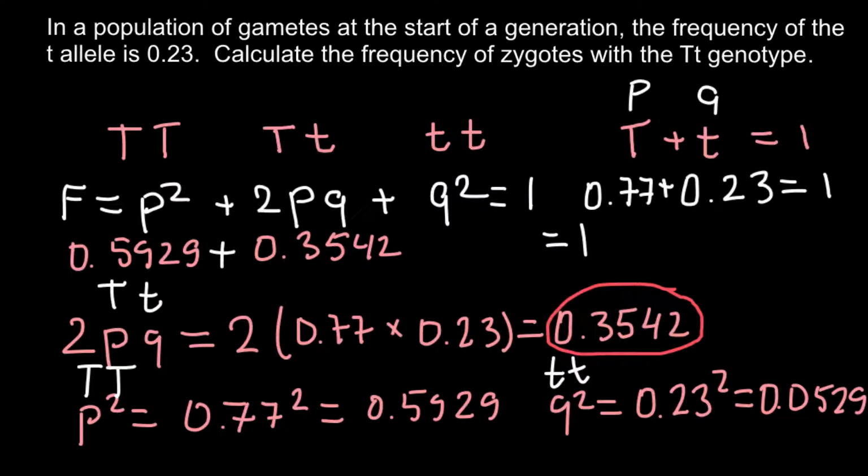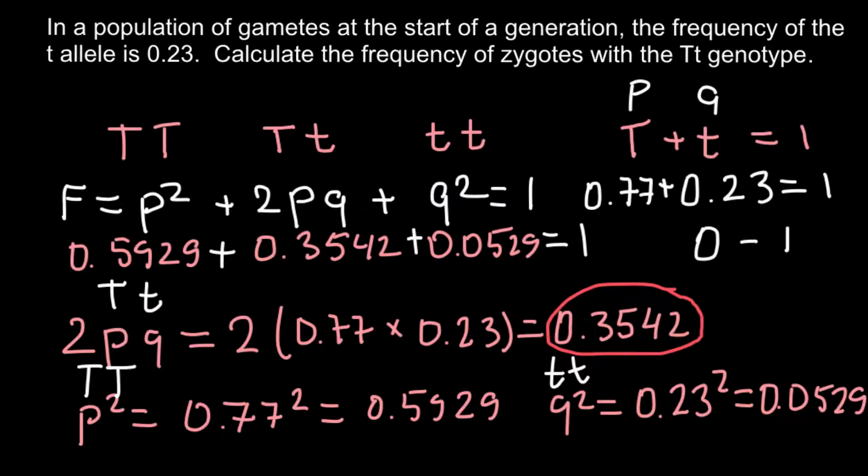So once again, we can put this frequency here, 0.0529, and as you see, if we add all these three frequencies, we are going to get 1. So we do all our calculations on the scale between 0 and 1.